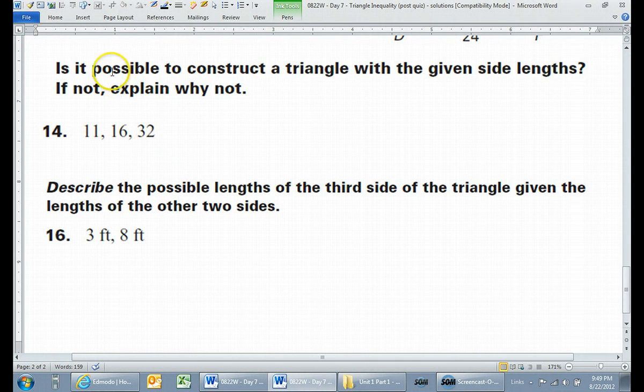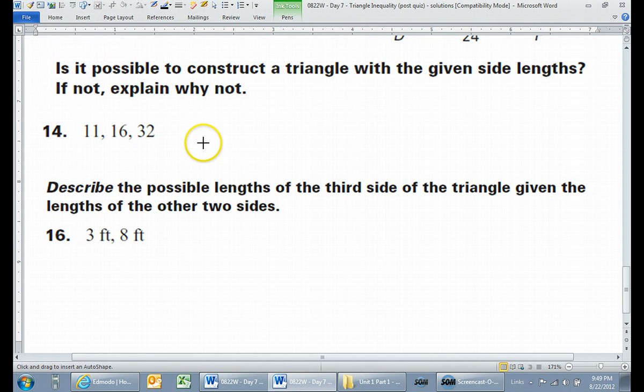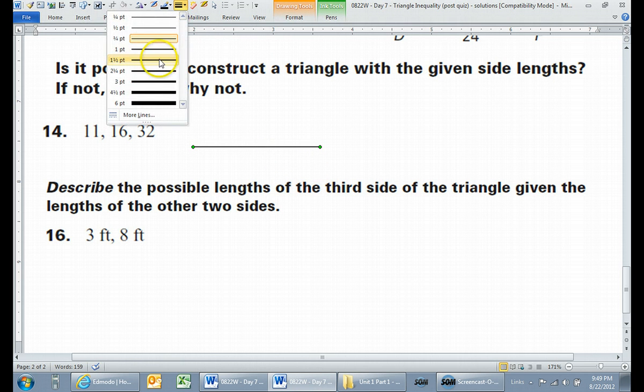Okay, number 14. Is it possible to construct a triangle with the given side lengths? If not, explain why not. I always like to start with the biggest side length. So we've got this 32. So I like to draw a model. So let's say this is my 32. Okay. Let's see, can I make that bigger?